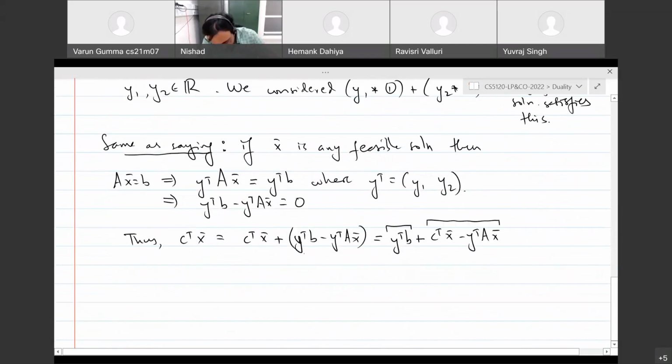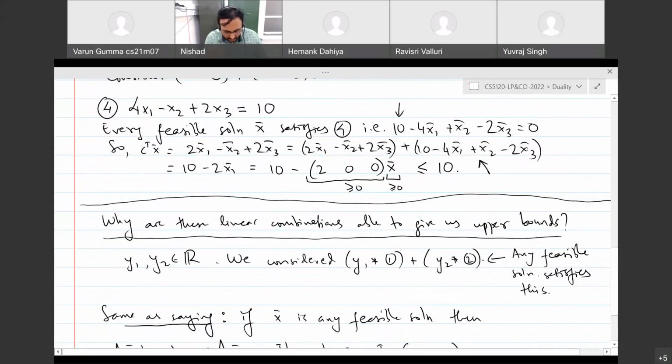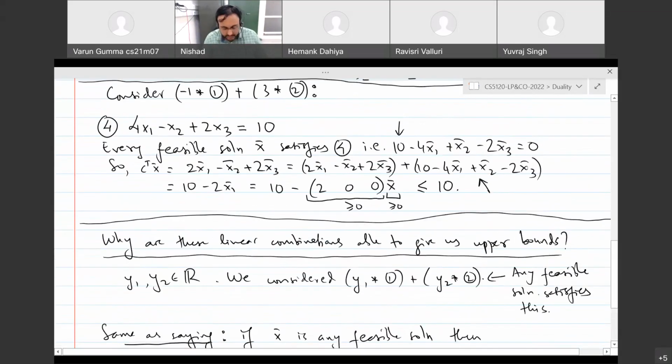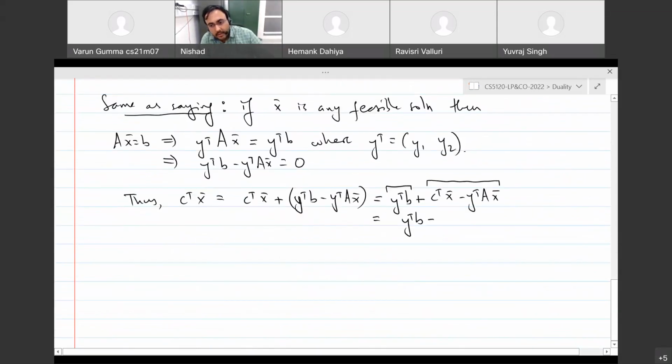And this is y transpose b. And the way we wrote it earlier is we put a y transpose b minus the multiplication of two vectors, right? So let me take out a minus sign here, and that is going to be y transpose A minus c transpose times x bar.